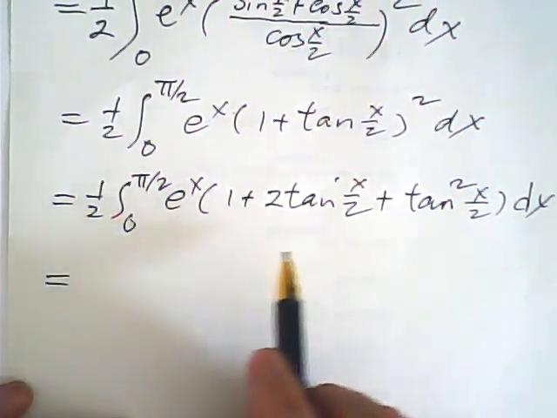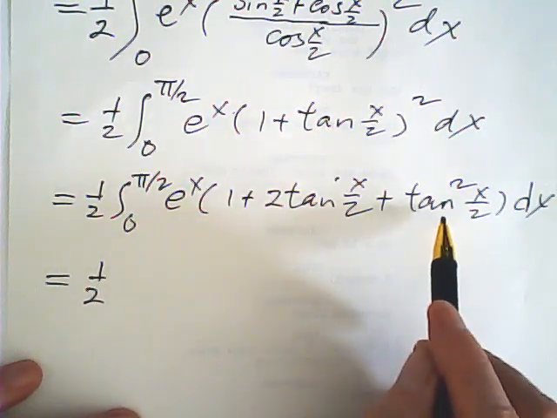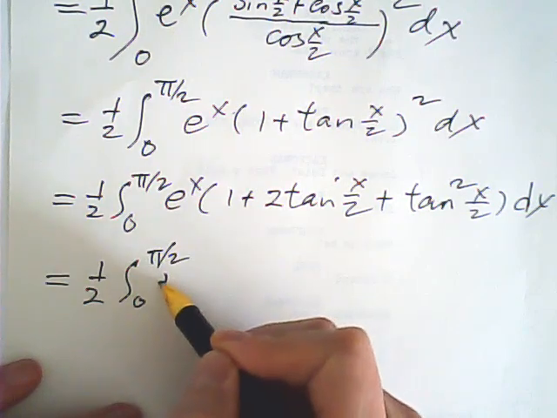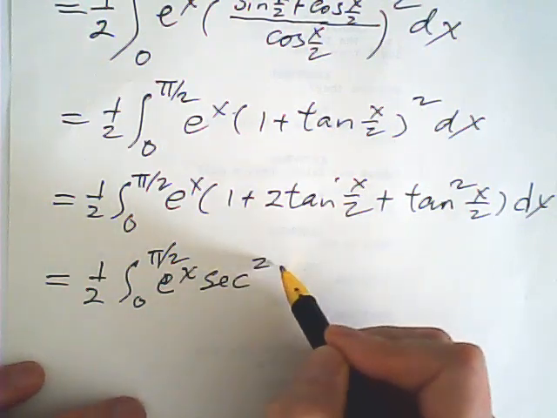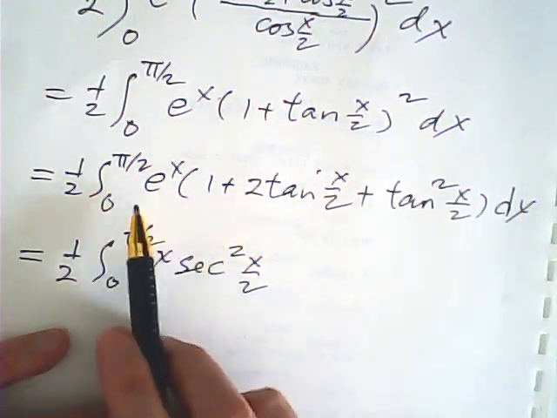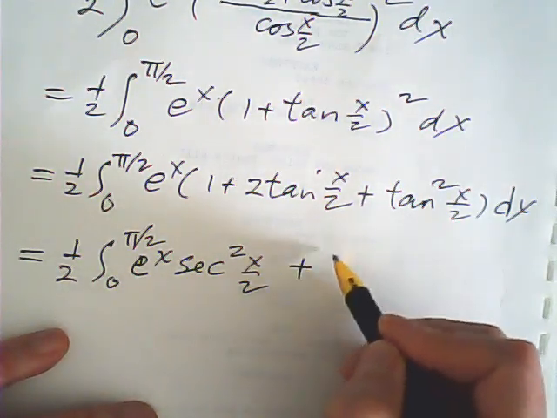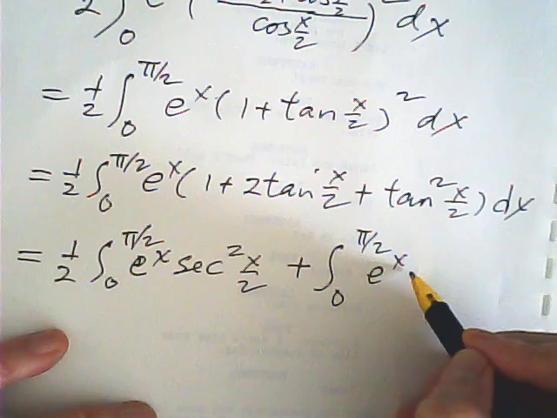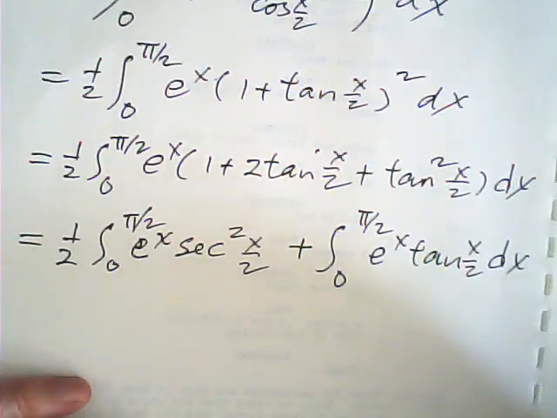Then this one equals 1/2, 1 plus tangent square is secant, right? e^x times secant square of x half. That is this plus this, and the middle term, times half, becomes e^x tangent half x dx.